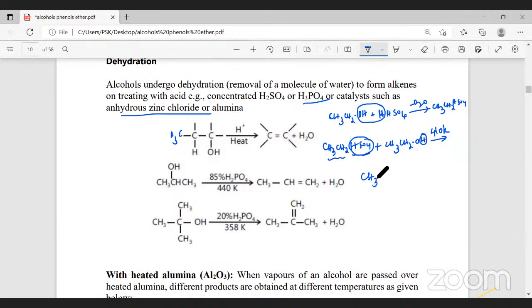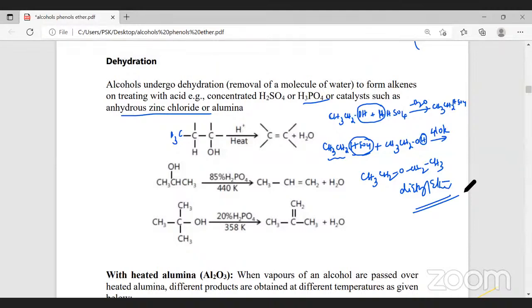So you have CH3, CH2, you have O, you have CH2, and you have CH3. This will be called diethyl ether. So when alcohols are treated with concentrated sulfuric acid, dehydration takes place to form diethyl ether. This is at 410 Kelvin.